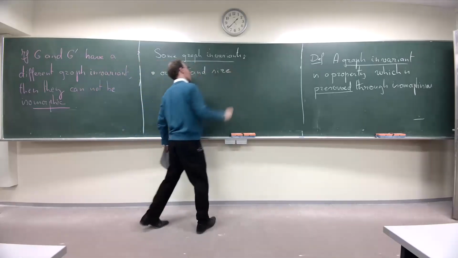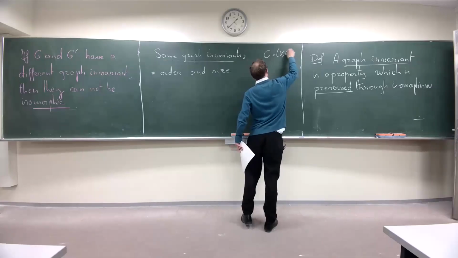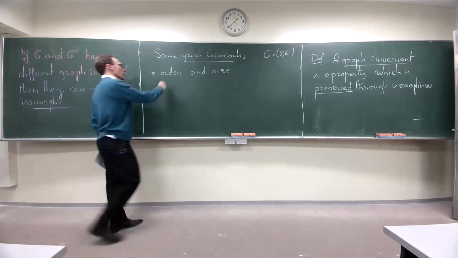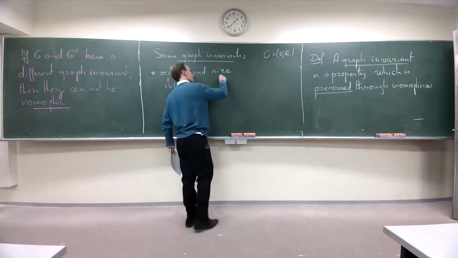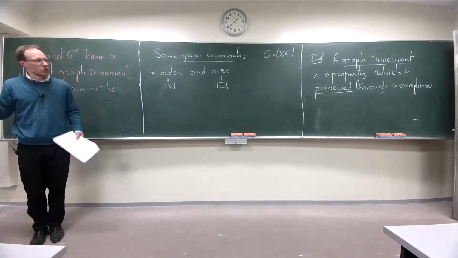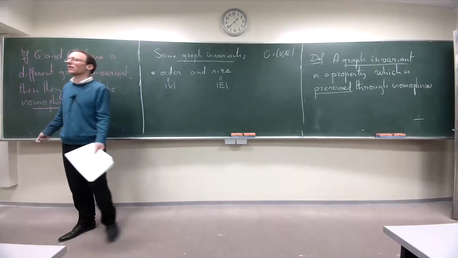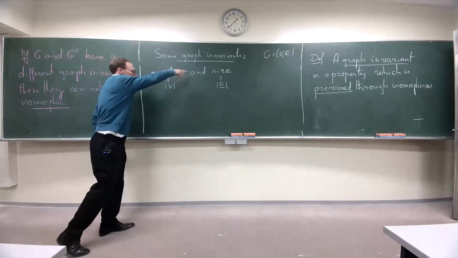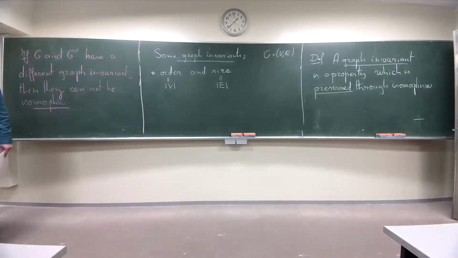Do you remember? What is the order of a graph? The order is the number of vertices, and the size is the number of edges. So if two graphs do not have the same number of vertices or the same number of edges, for sure they cannot be isomorphic. No way. So these are graph invariants. Of course, they don't say so much, but still it's an information.